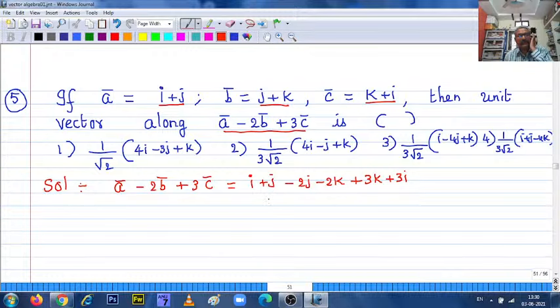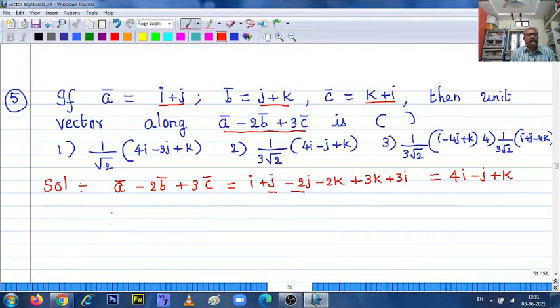Okay, let us see. So this equals to 3i plus i, 4i, minus 2j plus j, minus j, plus k. So now the unit vector you need to find out.